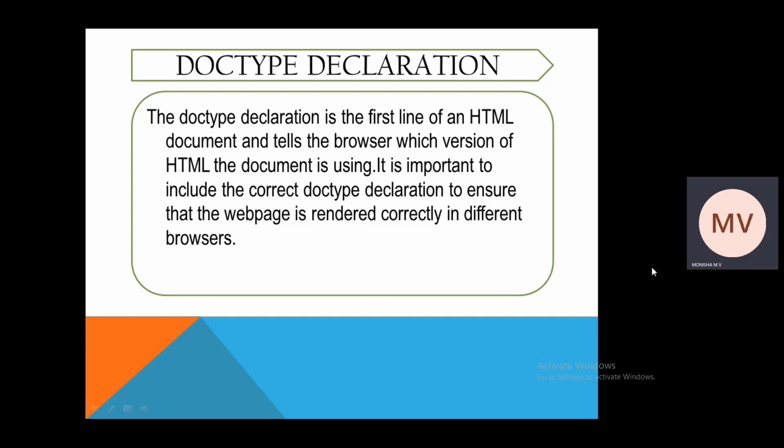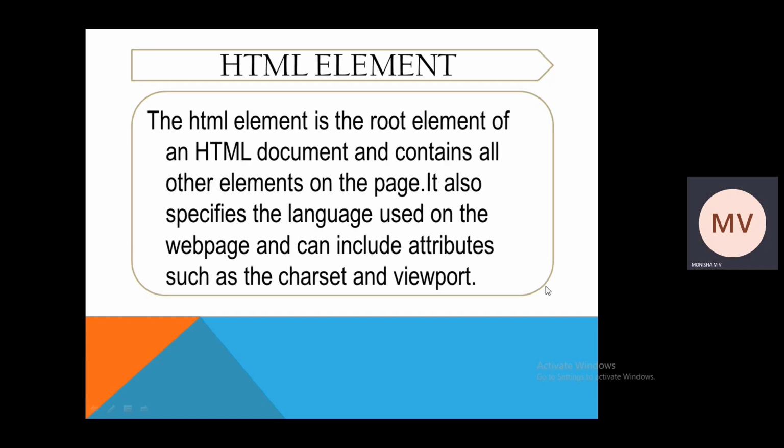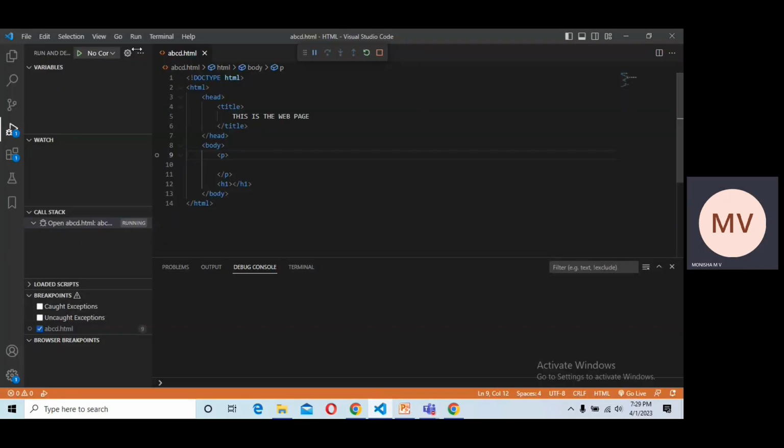Next, we will look at the HTML element. The HTML element is nothing but the HTML tag. The HTML tag is the root element of the document and contains all other elements on the page. It also specifies the language used on the web page and includes attributes such as charset and viewport. Now I'll show you that we can include here the language of the web page.